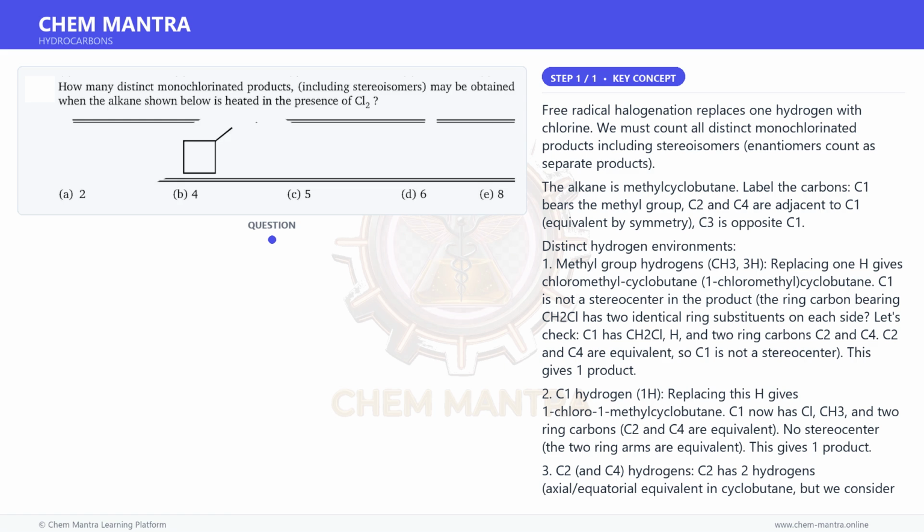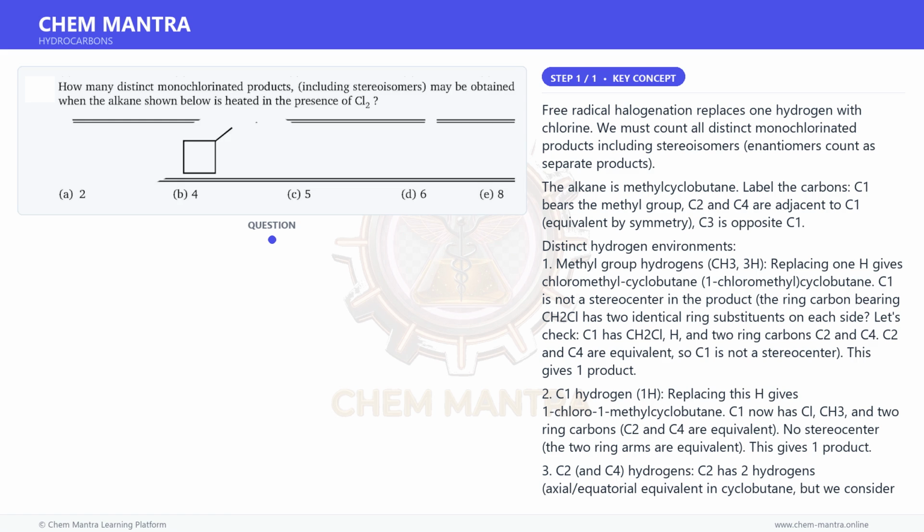Let me recount the C2 case. For 1-methyl-2-chlorocyclobutane, 2 stereocenters, C1 and C2, no internal symmetry element. 4 stereoisomers: 1R,2R; 1S,2S; 1R,2S; 1S,2R, which is 2 enantiomeric pairs. But cis has no plane of symmetry, so 2 enantiomers, trans has no plane of symmetry, so two enantiomers.